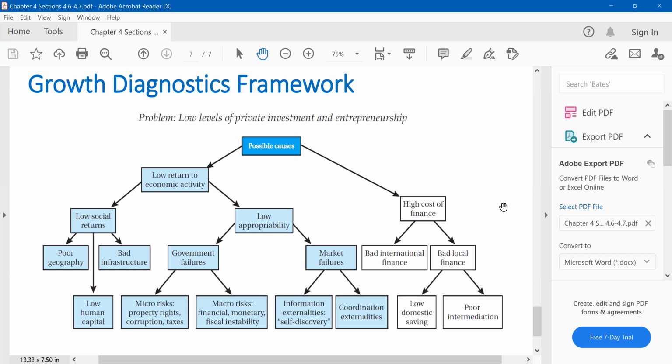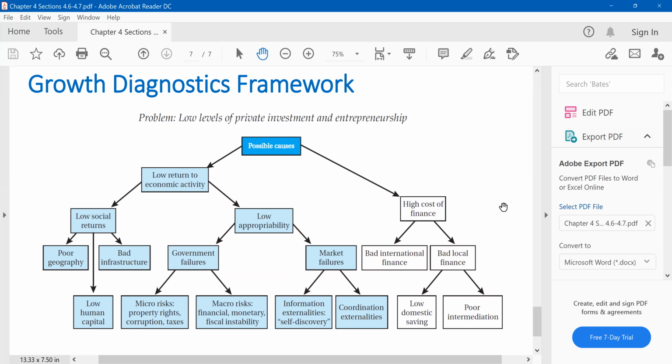So low human capital is important. Why bad geography? Well, weather is terrible. So people are not working productively. And look at infrastructure. If bad geography is coupled with bad infrastructure, then you cannot even transport your goods.